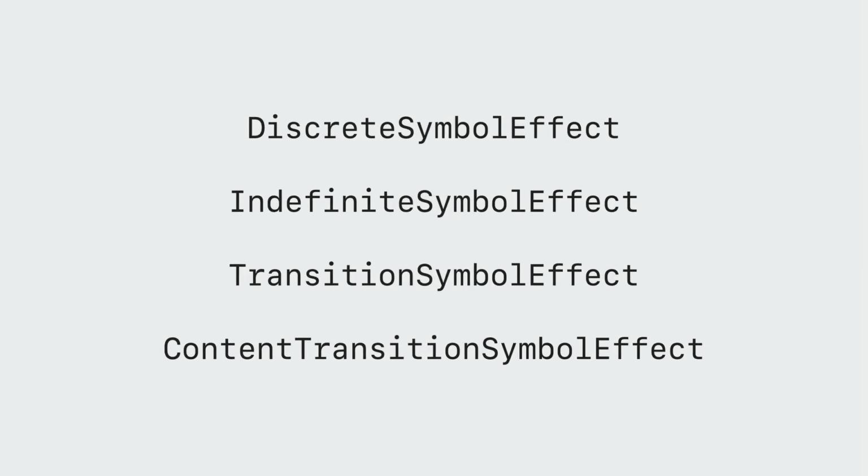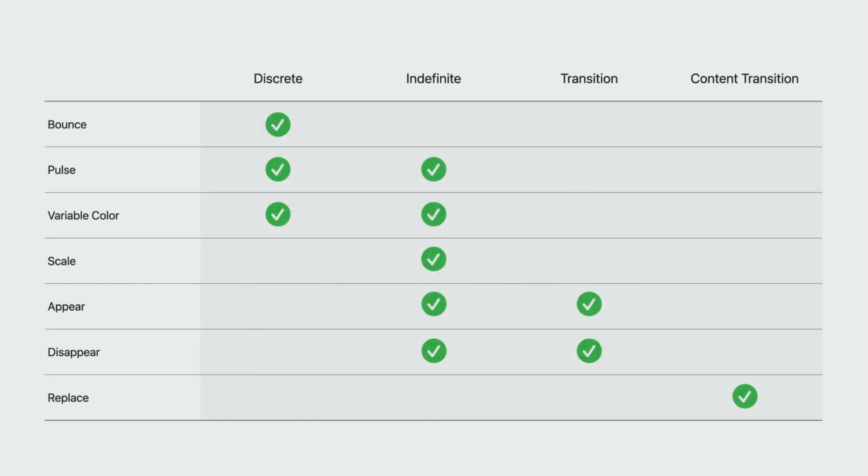In the symbols framework, each behavior corresponds to a protocol. Effects declare their supported behaviors by conforming to these protocols. Here is a breakdown of all available effects, as well as their supported behaviors. I'll cover this in more detail in this session. Just know that an effect's behavior determines which UI framework APIs can work with them.